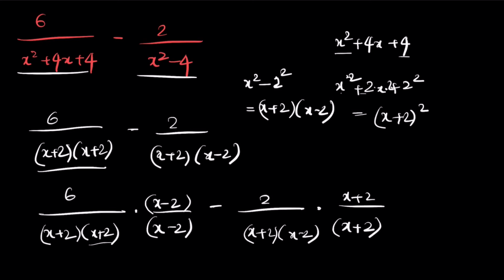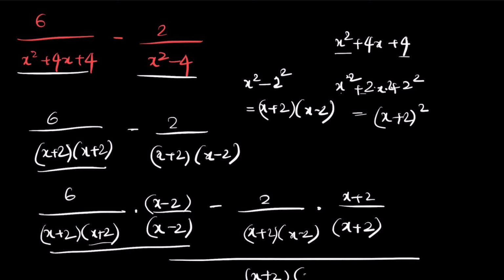So now try to simplify the expression now. So how will you simplify it now? Notice the denominator, you can write it fully. The denominator is x plus 2 times x plus 2 times x minus 2.